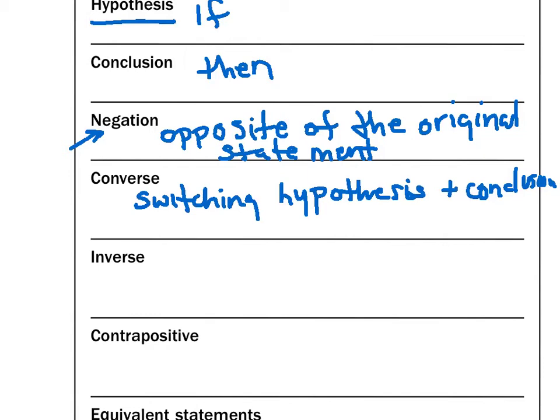Now, you remember that I remember things by making silly stories with them? Converse to me is a type of tennis shoe. So I remember this by how to write the converse is tie your shoes and then run backwards. So switch it around. Okay, inverse. Inverse is negating both the hypothesis and the conclusion.